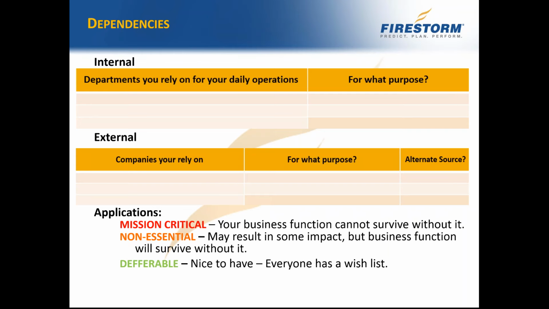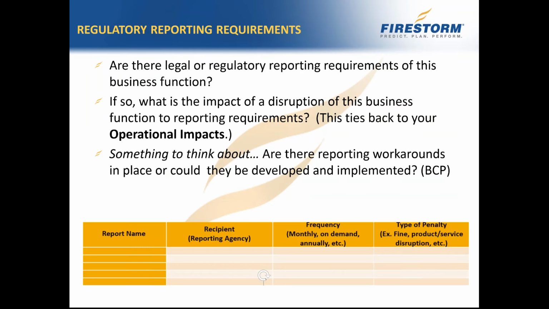As we move forward from there, we think about regulatory requirements. Who do you have to do reports for? Regulators could be, as you might think, state and federal, but it could be a bank. Maybe you have to give them reports for your line of credit or your operating capital. It could be a particular client. We do a lot of work in the technology areas where you have service levels, SLAs, established, and there's a commitment there.